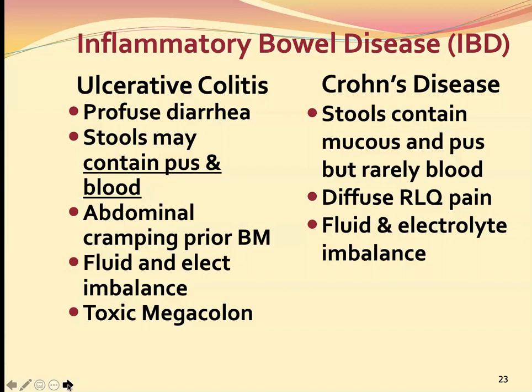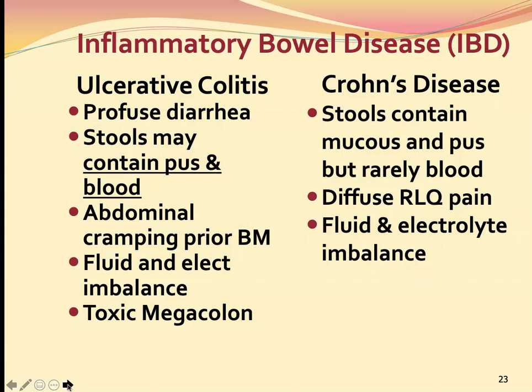Stools may have pus and blood, and the patients will have abdominal cramping prior to bowel movement, and they will have fluid and electrolyte imbalance, and it can lead to toxic megacolon. As for Crohn's disease, the stools contain mucus and pus, but rarely blood. So that's the main difference between ulcerative colitis and Crohn's disease. There is no blood in Crohn's disease.